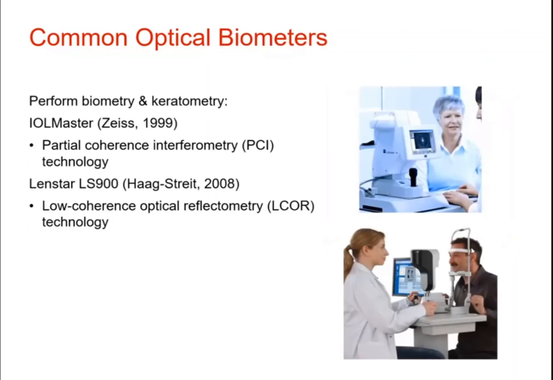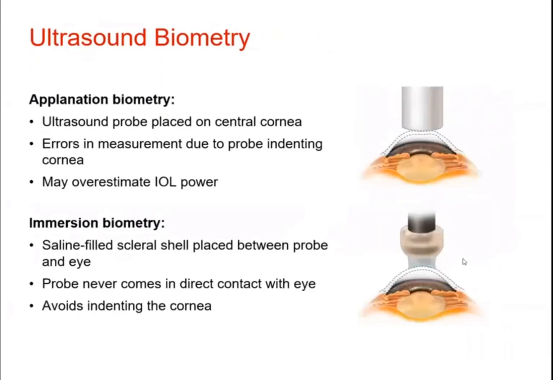Because the patient is looking into the instrument, we can directly measure the axial length to the macula, which is the visual axis, whereas with the ultrasound methods, we are always making a guess where the visual axis is. We may be measuring not the visual axis, but the anatomical axis of the eyeball. So that may not be as accurate as the visual axis axial length.